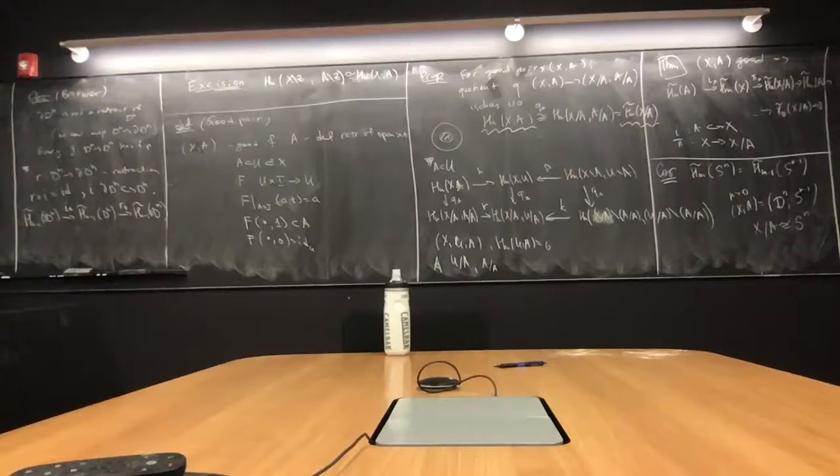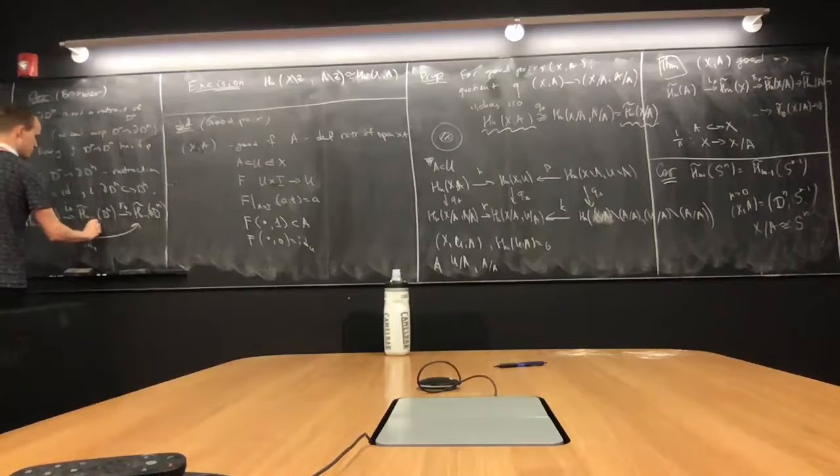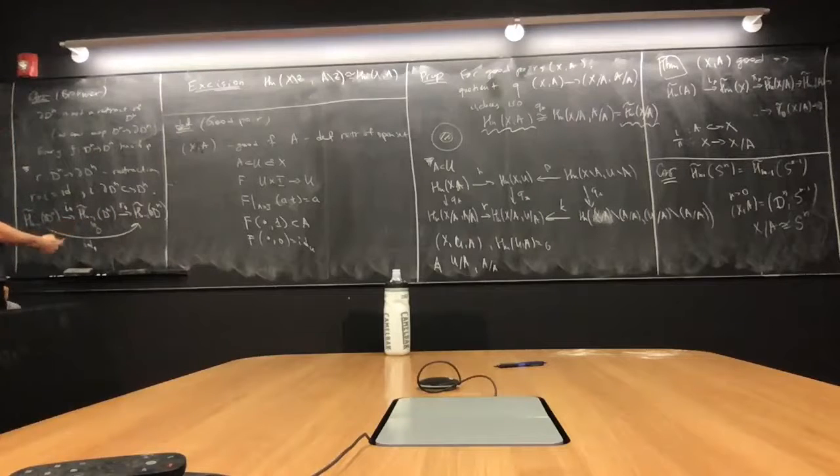Just maps induced by i and r. And this whole composition must be the identity, right? However, that doesn't make any sense because this equals 0 for all n. Therefore, i star is 0 and r star is 0. That composition definitely cannot be the identity. So the retraction doesn't exist.